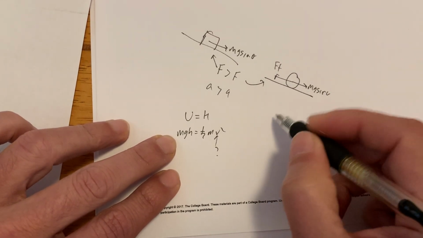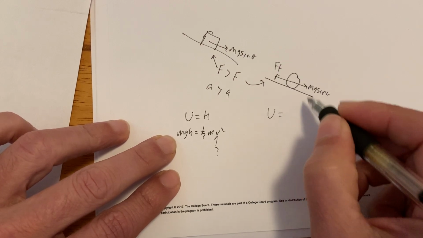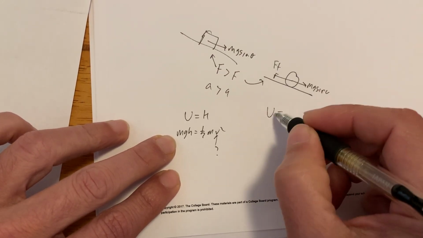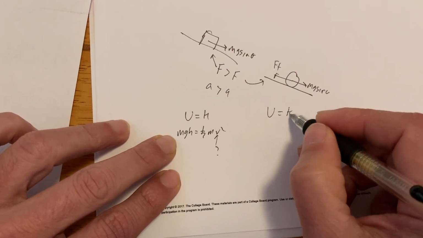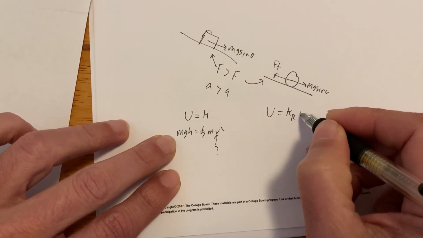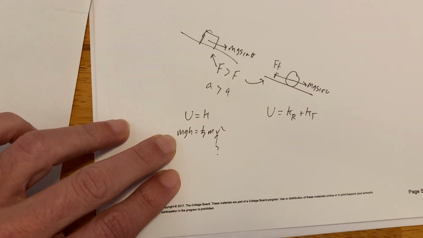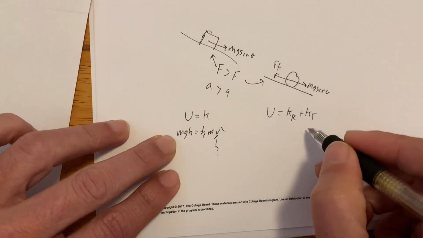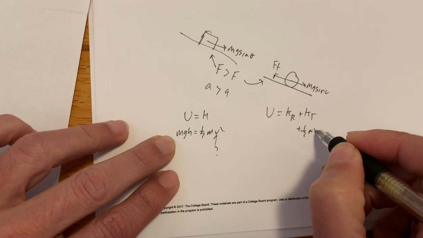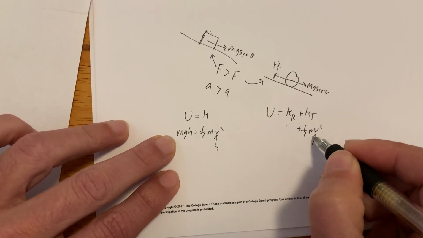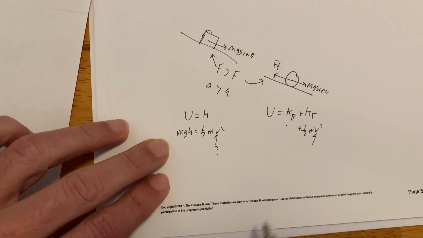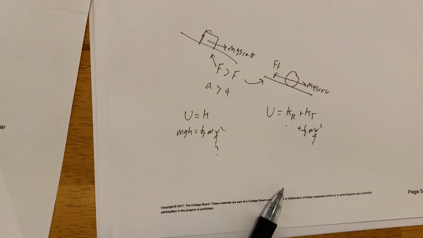But here, all this potential energy is going to be converted to rotational kinetic energy plus translational kinetic energy. So when I do 1/2 mv squared here, because I have some more energy over here, this value is going to be less. So that's explained with energy. Okay, so that's 22.